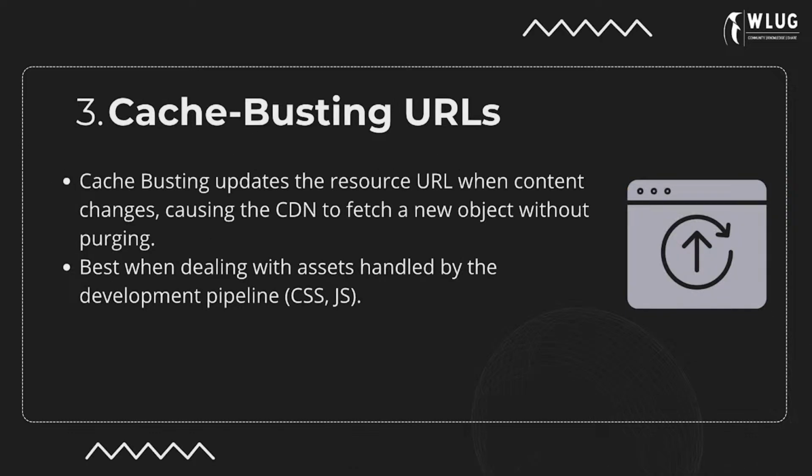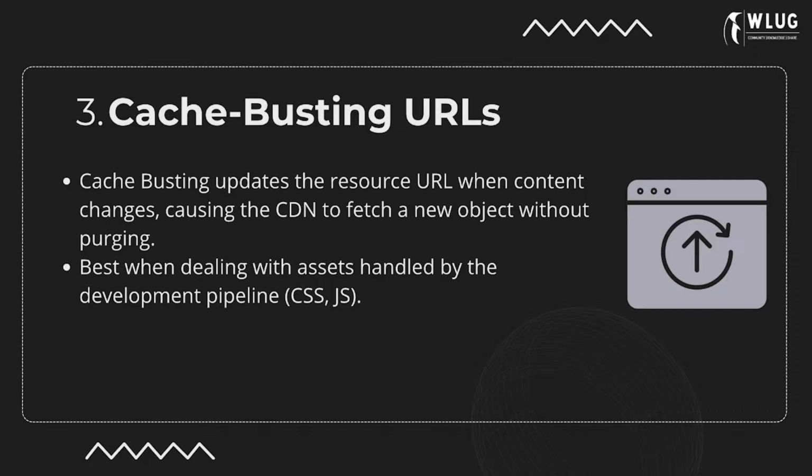So the next method is cache busting URLs. Okay, so the next method is the cache busting. This is an effective implicit versioning method, wherein cache busting updates the resource URL when content changes. For example, the best example for this would be an e-commerce website.